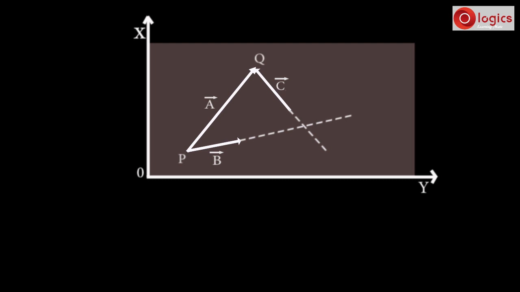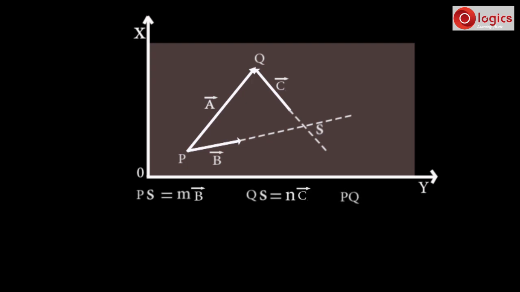Let this point be S. Let m be a real number such that m into b bar equals PS. Here PS is a vector. Also, let n be a real number such that n into c bar equals QS. Here QS is also a vector.